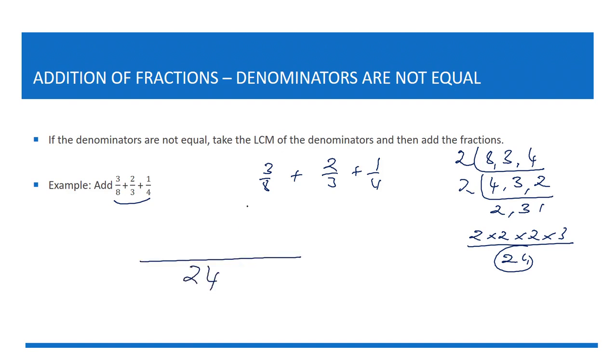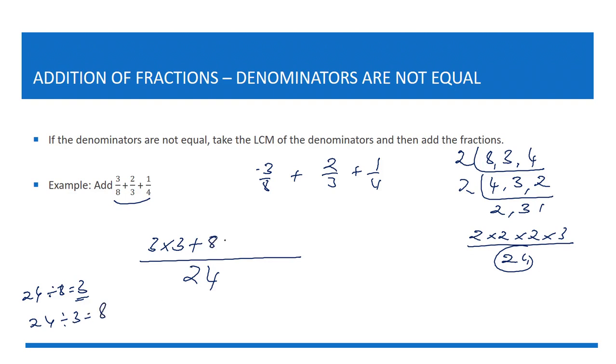Now divide 24 by 8. 24 divided by 8, what are you going to get? 3. That 3 is multiplied with this 3, that is 3 into 3, plus now 24 divided by 3, what will you get? 8.